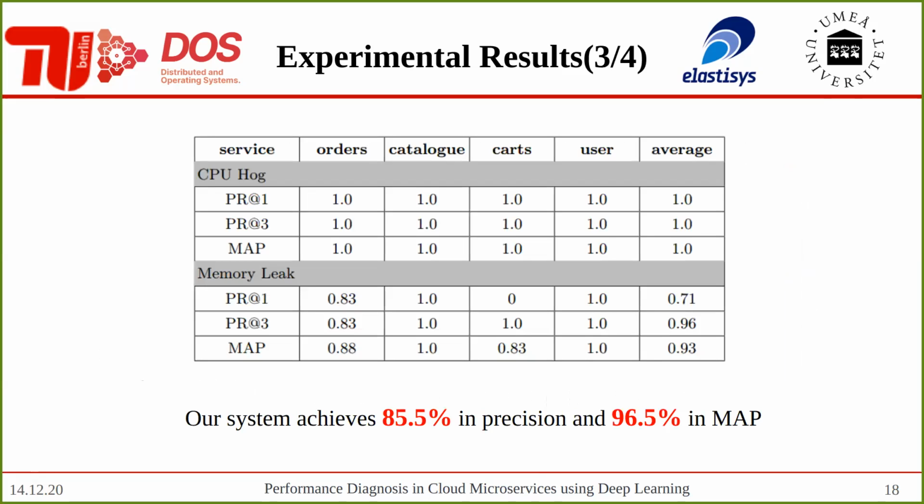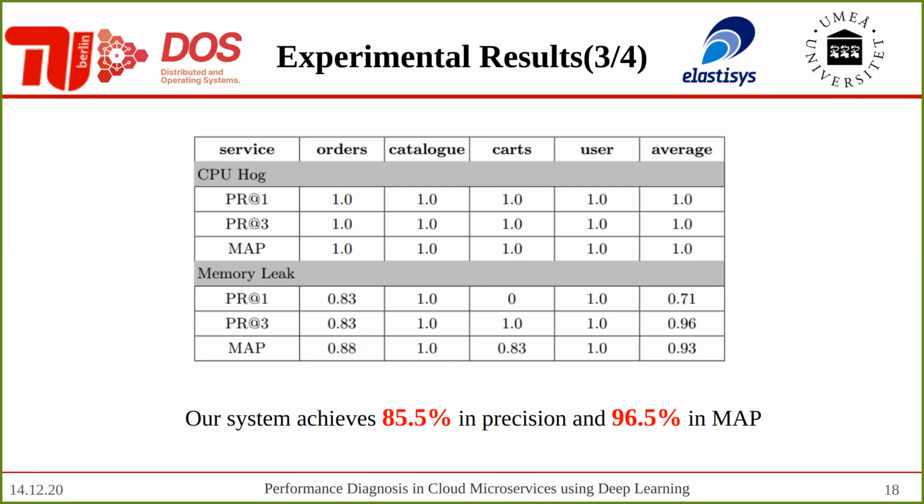So these are the results after we inject different anomalies on different microservices. We can see that for most of the cases, our method can achieve 100% precision, except for orders and carts in the memory leak. This is because both of these two microservices are computation intensive, and we injected the faults heavily in our experiments, and this fault manifests not only in memory usage, but also in CPU usage.